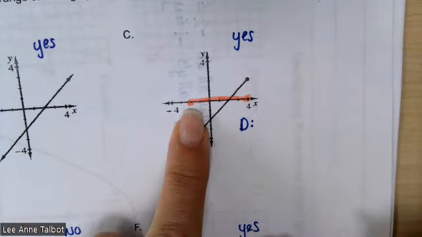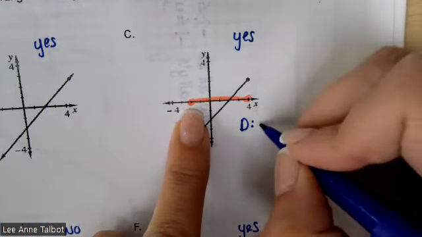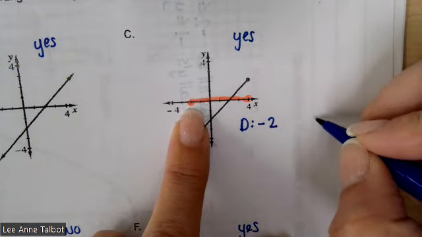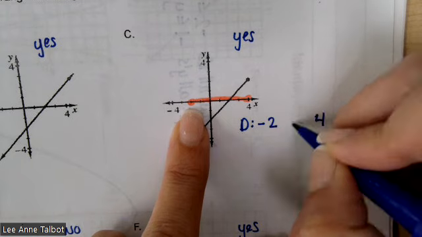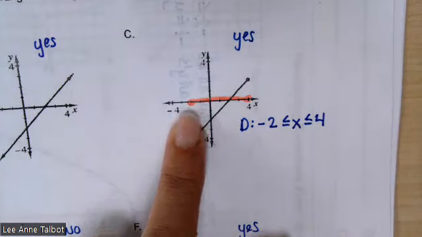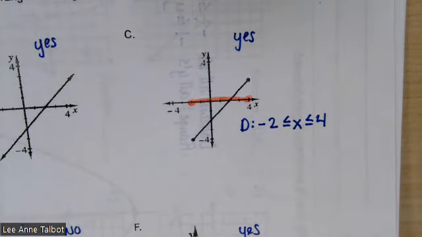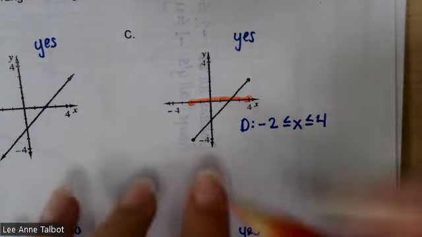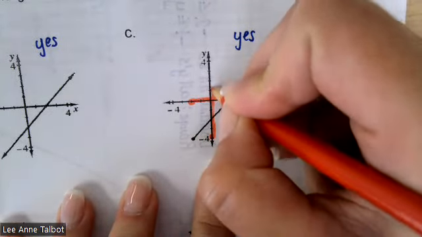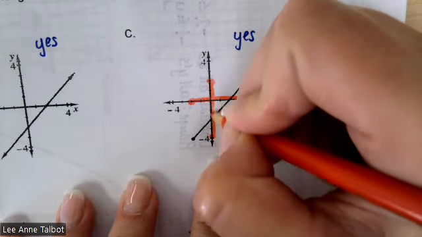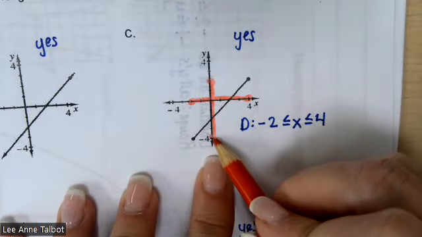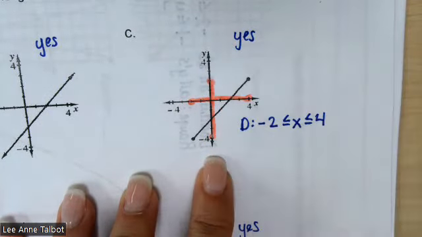What number is the left side? -2. What number is the right side? 4. X in the middle. Okay, then for the range, do the bottom of the graph to the top of the graph.